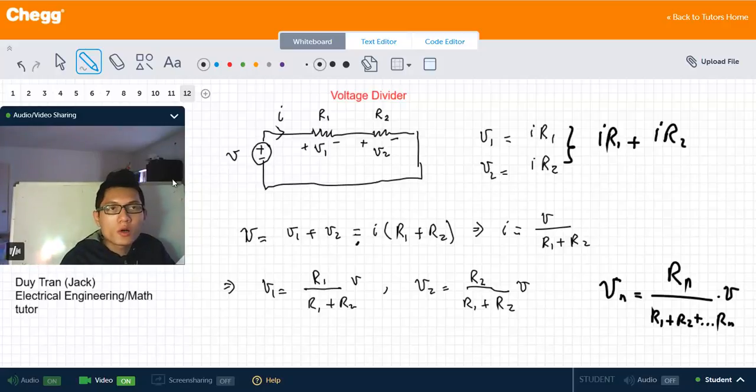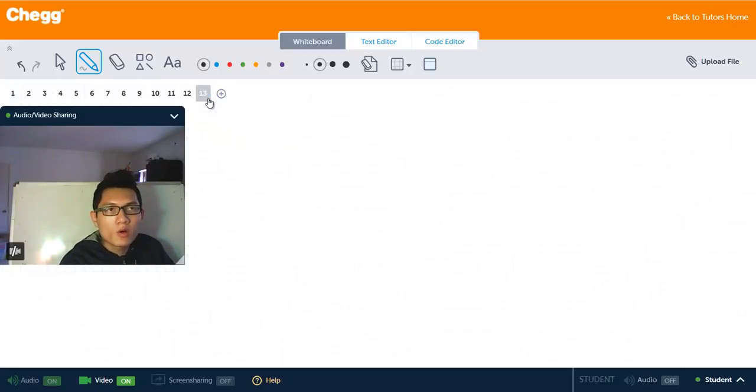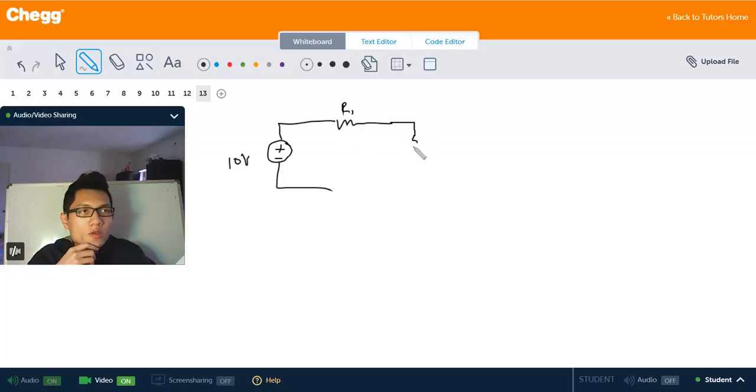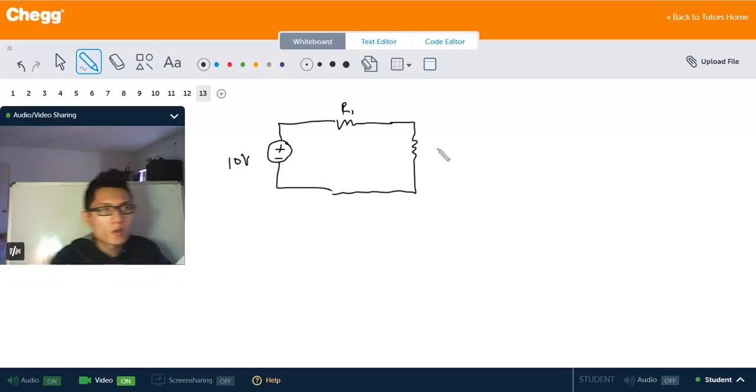Okay, so let's go to one example. If we have 10 volts applied to resistor 1 and then to resistor 2.